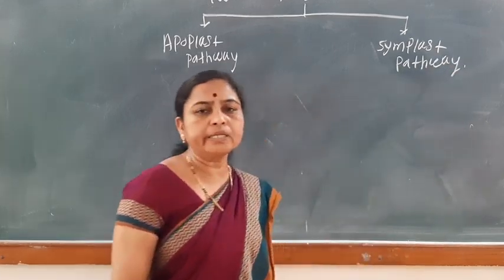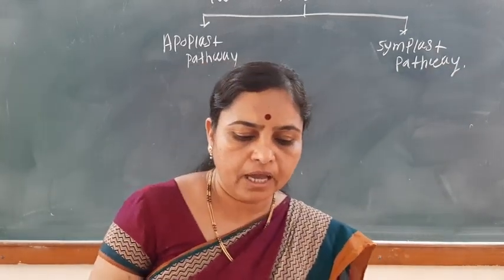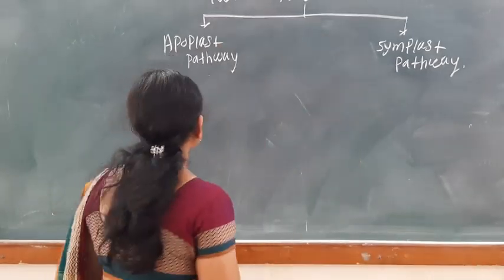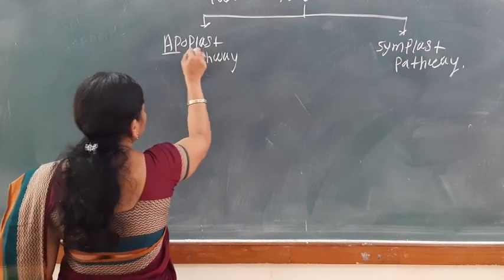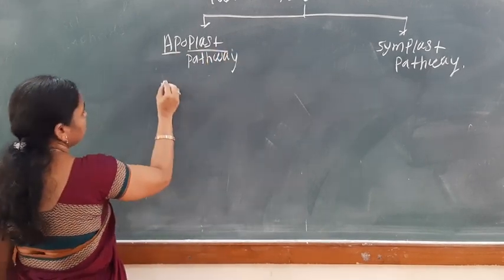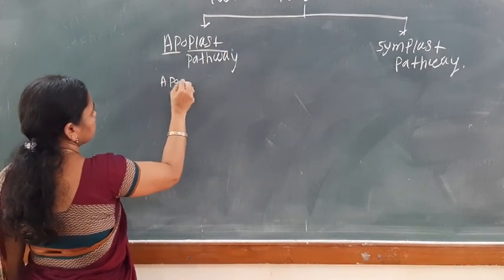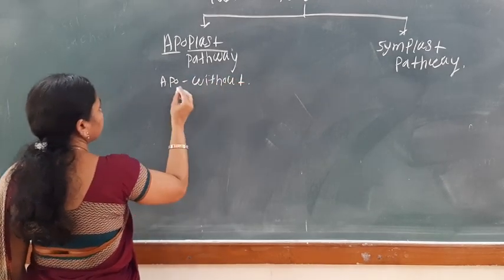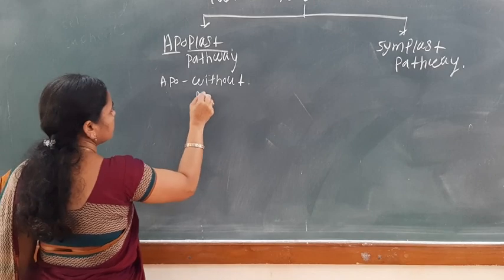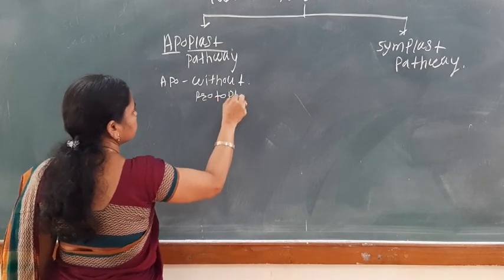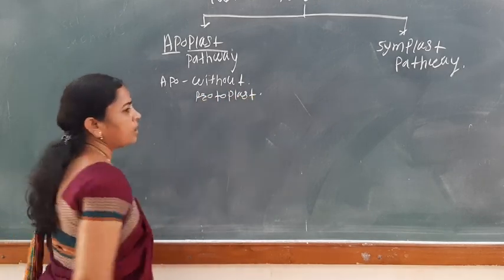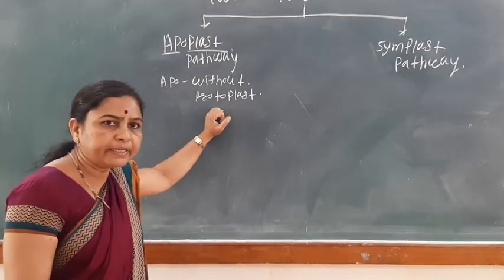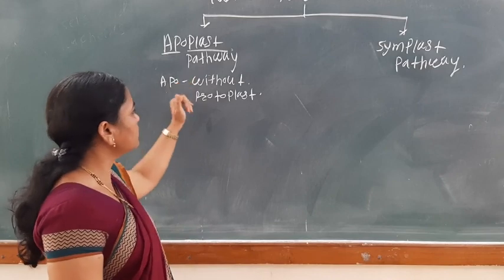We have also seen this in the theory lecture. Apoplast: apo means without, plast means protoplast. So in the apoplast pathway, the movement of the water takes place without the protoplast.